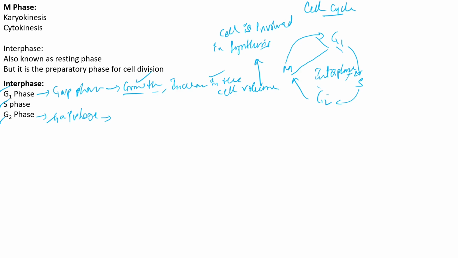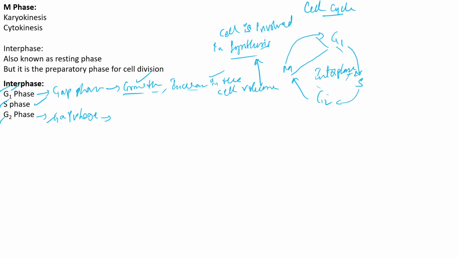What is the difference between the gap 1 and the gap 2 stage? In the case of the gap 1 phase, all the nutrients that are produced in the G1 phase are going to be utilized in the S phase. So we can say that the G1 phase is a kind of preparatory phase for the S phase.